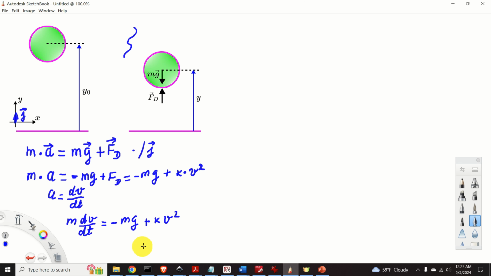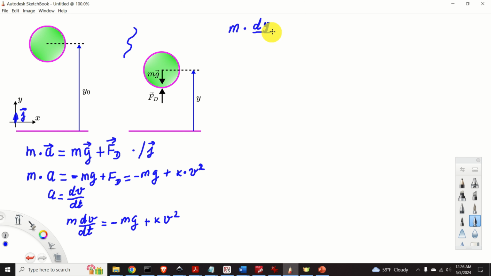So how to do that? To integrate this equation, we will use the following trick. We can transform the left-hand side of this equation like this: mass multiplying, and over here I will introduce dy. Since I have dy, I also have to have here dv over dt, so I need to add a few terms.